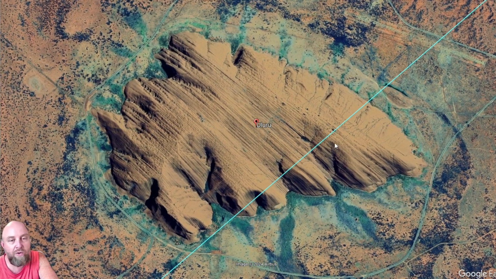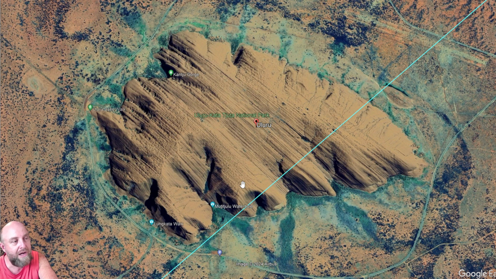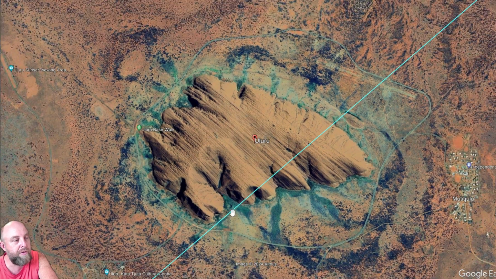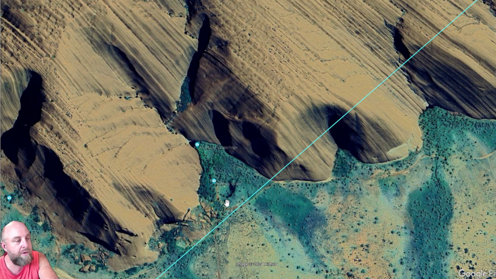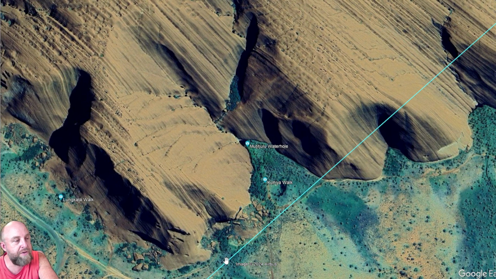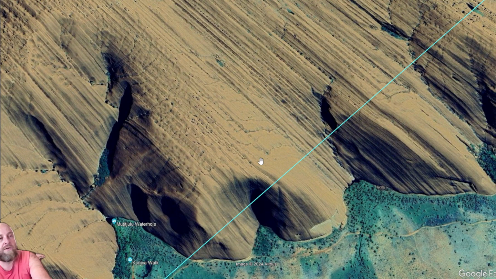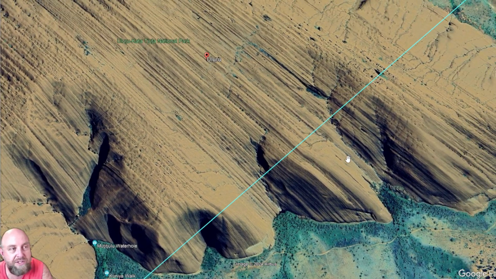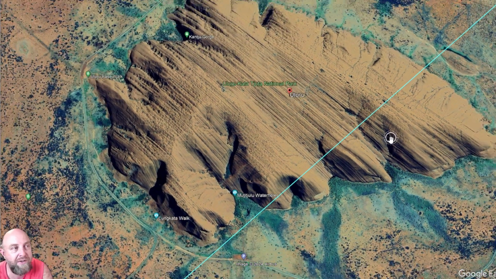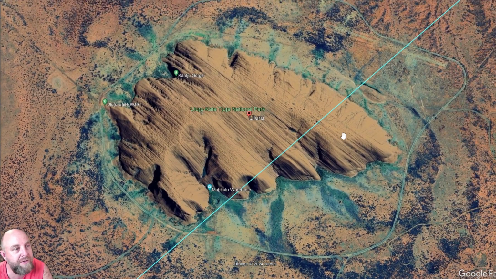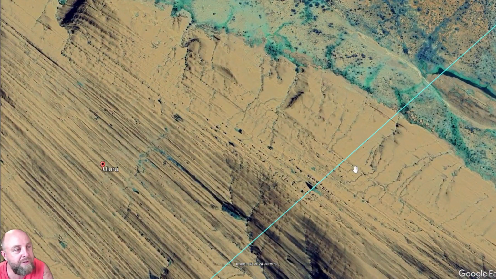So lo and behold, it turns out the blue line actually does pass right on top of the water hole in Uluru, or close to the water hole. Really right on the edge of that part. Wow. Now I'm a little surprised because usually when people want to see something, it's close to the ley line, not directly on it, so it's pretty wild that it landed directly on.